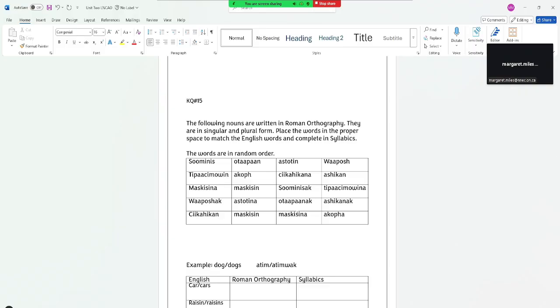Suminisek. Suminisek. Uttapanag. Uttapanag. Maskisina. Maskisina. Wapos. Wapos.